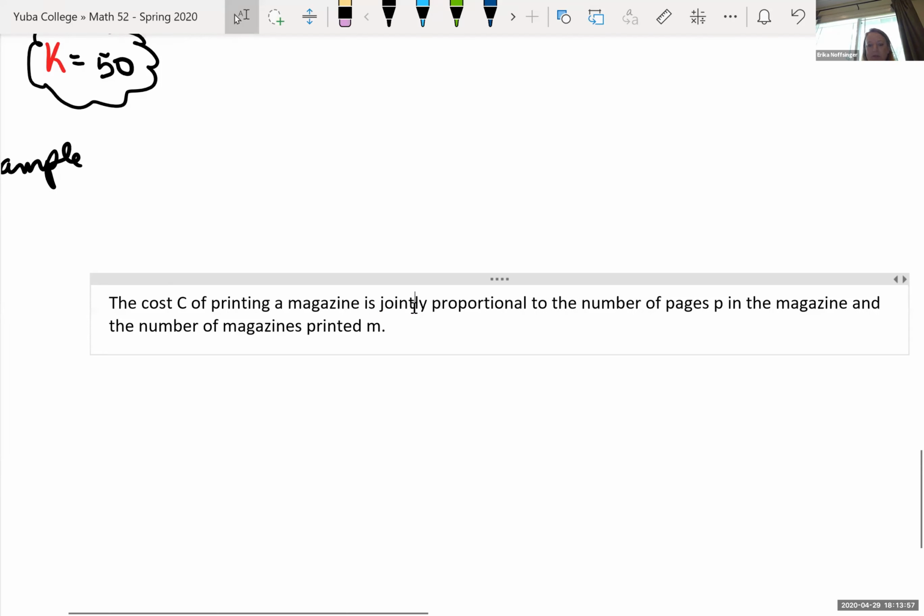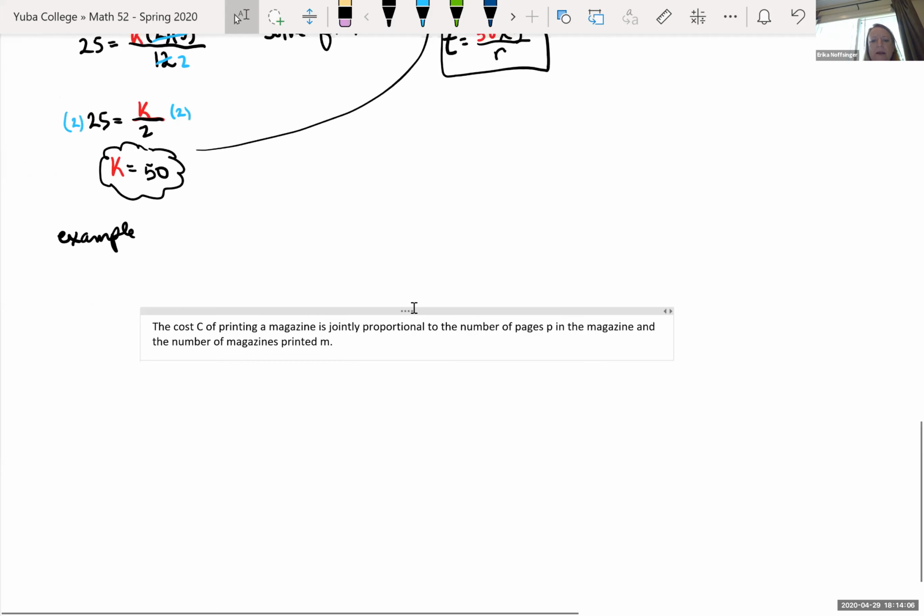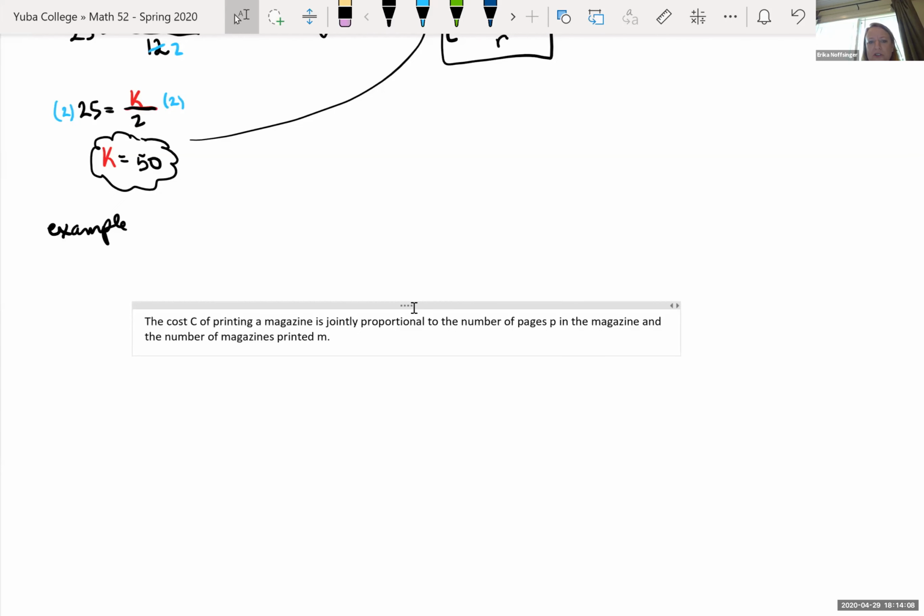Okay, so actually before I even type anything else, let's just set that generic form up. It says the cost of printing a magazine is jointly proportional, and it tells me the variables to use. So the cost C. If I ever see varies jointly, varies proportionally, whatever, I see those words, I put the equal. I always have the K in there, K times, and let's see what it tells us.